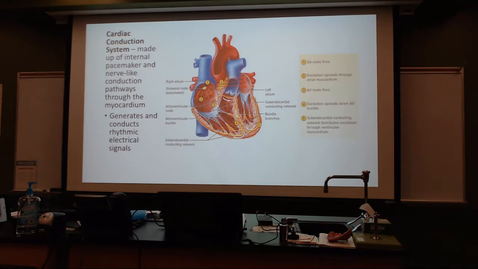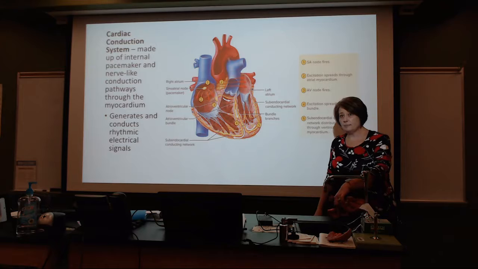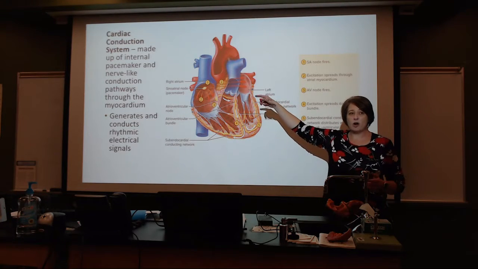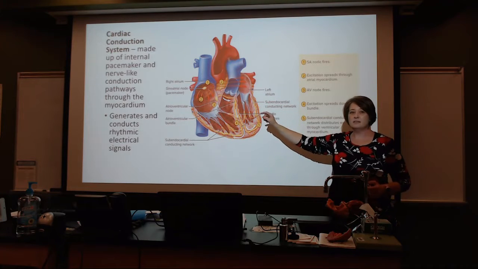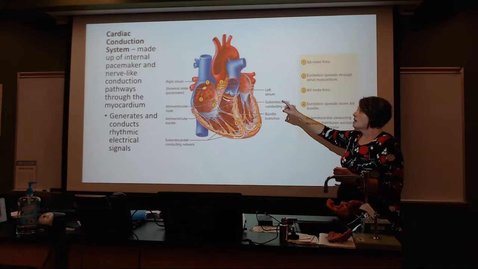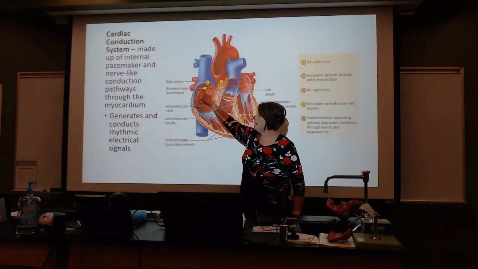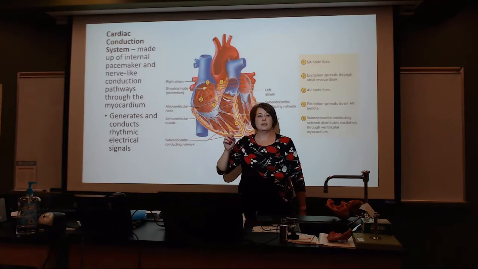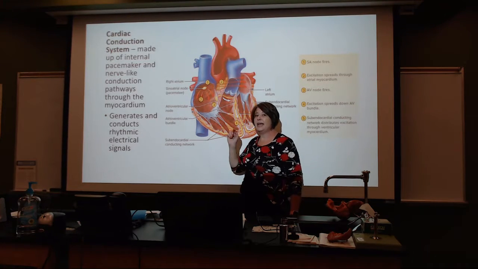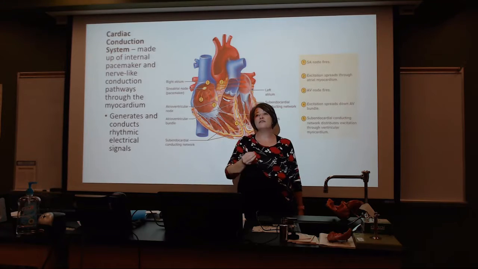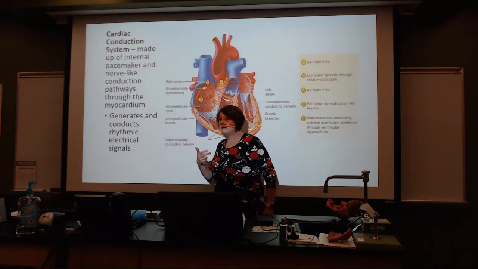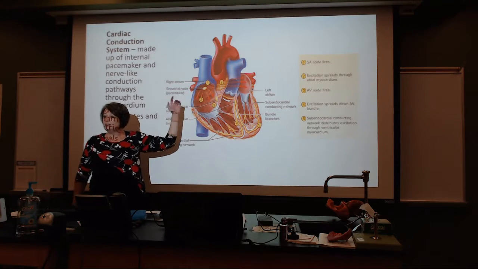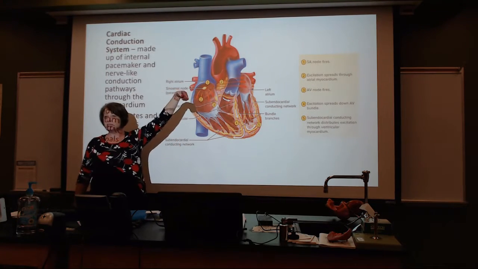So what we end up calling a heartbeat based on this SA node, we say this is our cardiac conduction system. This internal pacemaker, when it fires, acts in a nerve-like fashion. That means when the node fires, it sends signals.